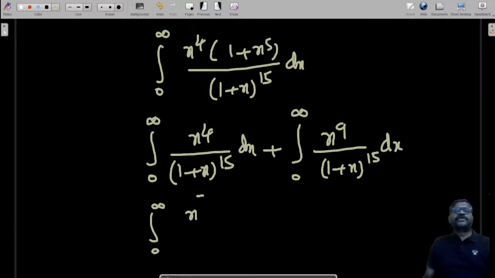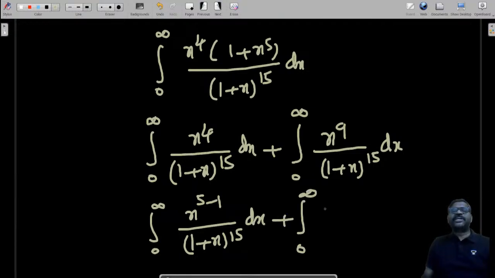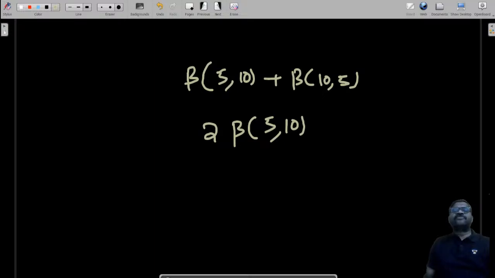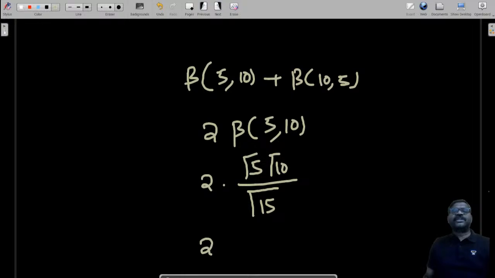Integral 0 to infinity x power 5 minus 1 by 1 plus x whole power 15 dx, x power 10 minus 1 by 1 plus x whole power 15 dx, that is beta of 5 comma 10 and beta of 10 comma 5, 2 times beta of 5 comma 10, 2 times gamma 5 into gamma 10 by gamma 15.